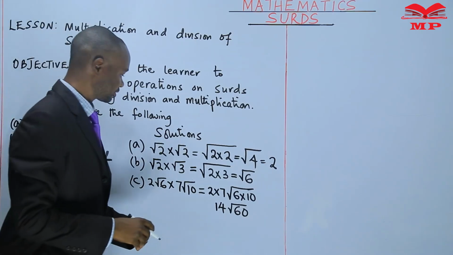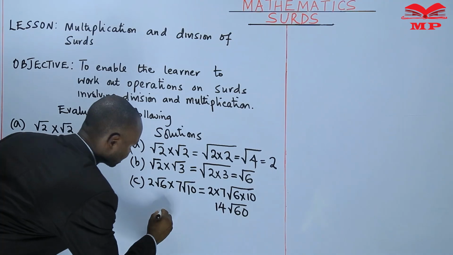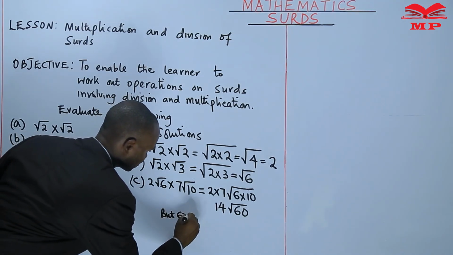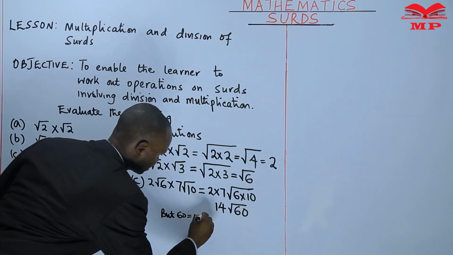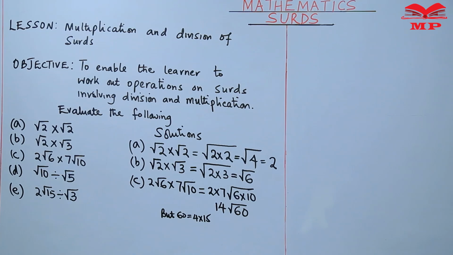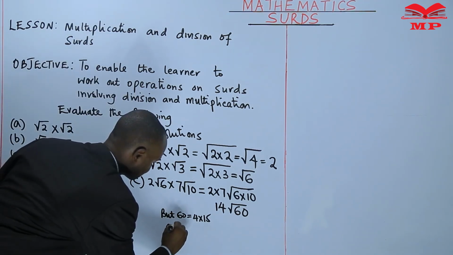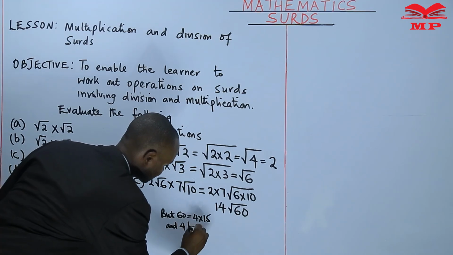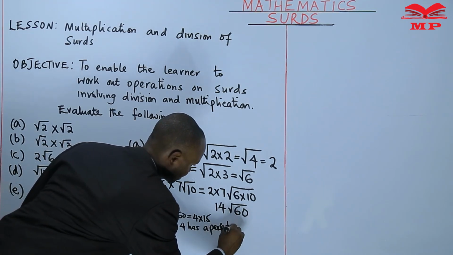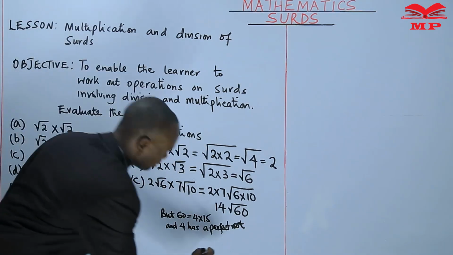Like for example, we have 60, and 60 is equal to 4 times 15, and 4 has a perfect root.